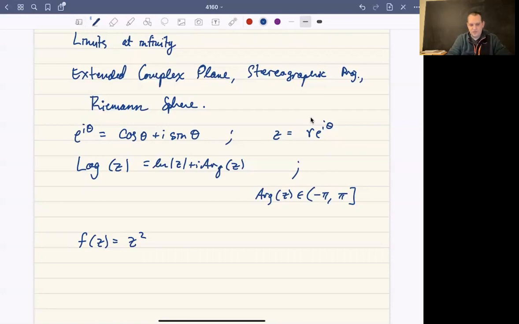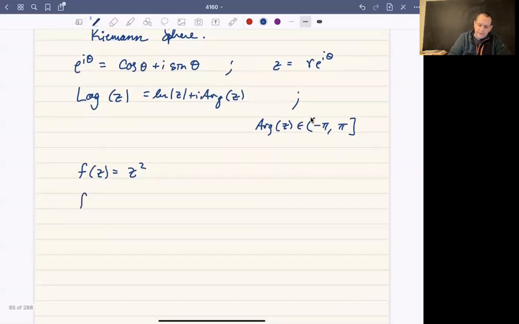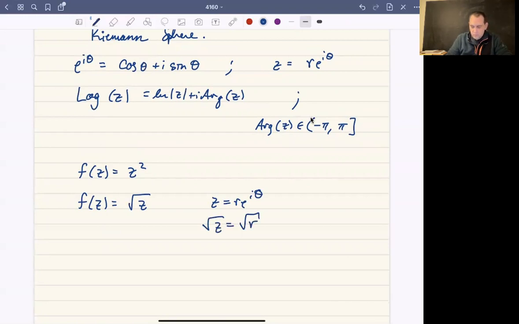But we talked about these functions like f of z equals z squared, f of z equals square root of z. So if z is r e to the i theta, then the square root of z we define to be the principal square root of r times e to the i theta over 2. And there's some good geometric reasons for that, because when you multiply two complex numbers, you multiply their moduli together and add their arguments.